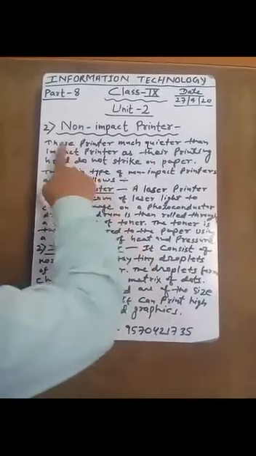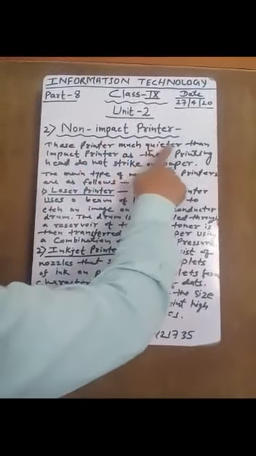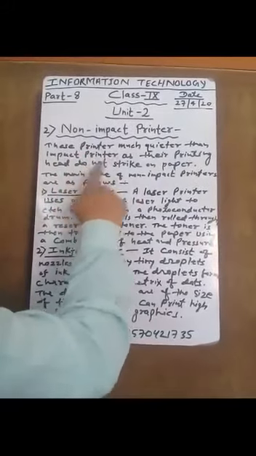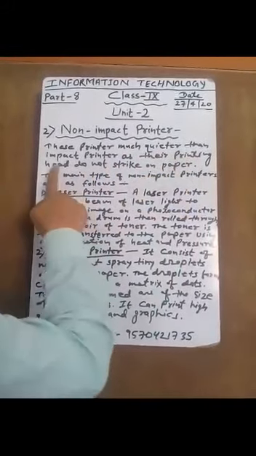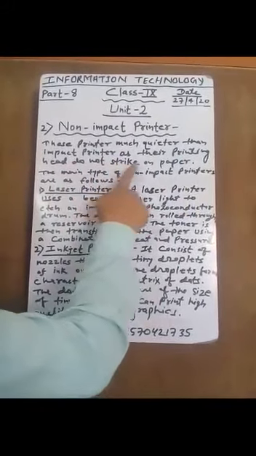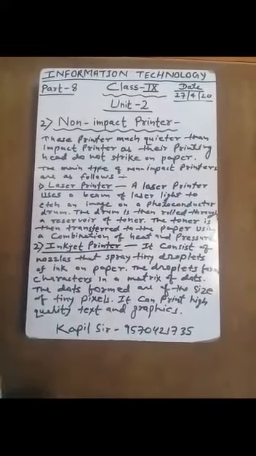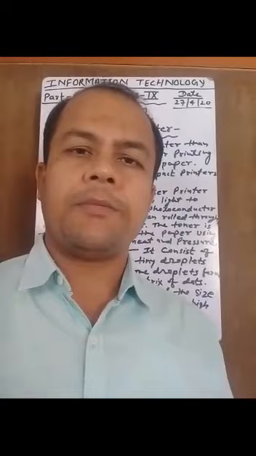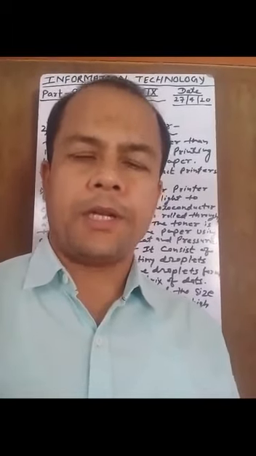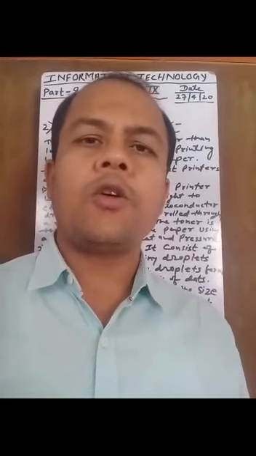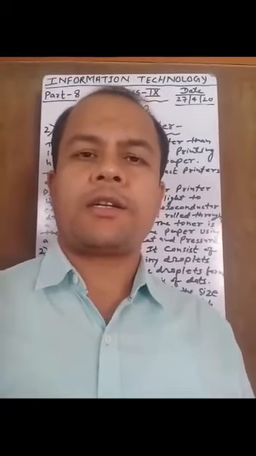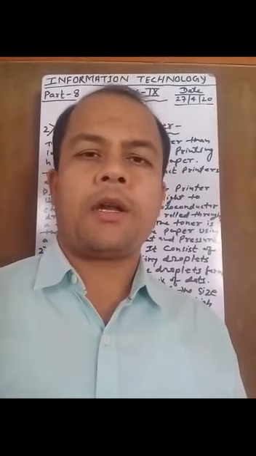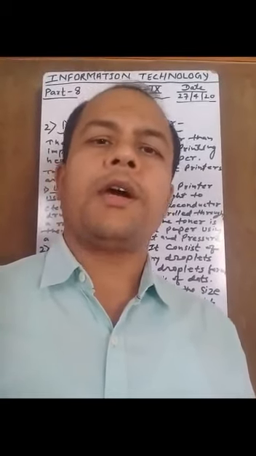This printer is much quieter than an impact printer, as its printing head does not strike the paper. That means our non-impact printer is better than an impact printer. There is no physical contact between paper and print head.